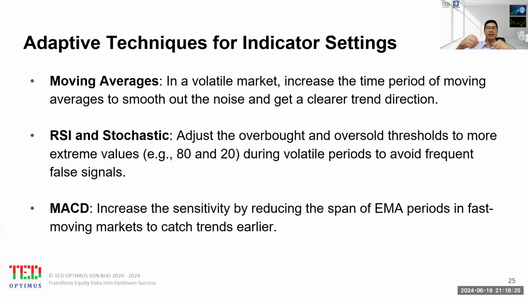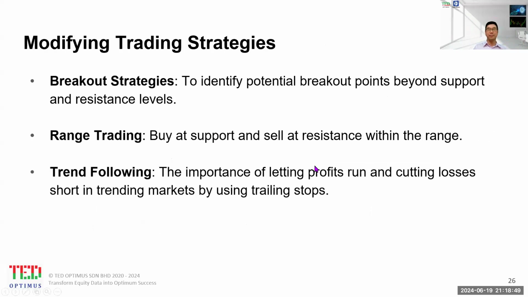Instead of using 10, 20, you may want to use 30, 40, 50, for example. RSI is the same thing. It's very, very volatile. Instead of using 30 and 70, you use 80 and 20. Same thing, MACD. You want to increase the sensitivity, then you can reduce the span of EMA. Yeah. So basically, we almost cover all theory, and then this is the last bit.